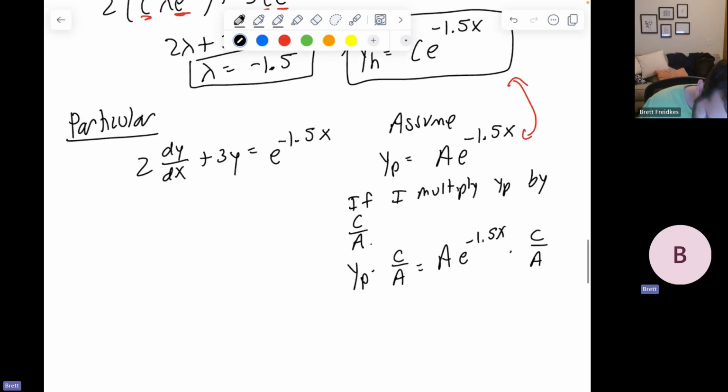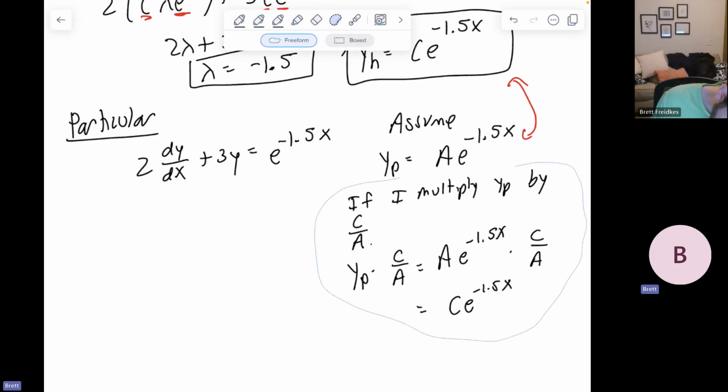Oh, look, you got the homogeneous. Remember, C and A are just numbers. So C divided by A is some number. Maybe it's 8 over 2 or something. I'm multiplying by some constant, and that's giving me back the homogeneous. We cannot have that. That's not allowed.